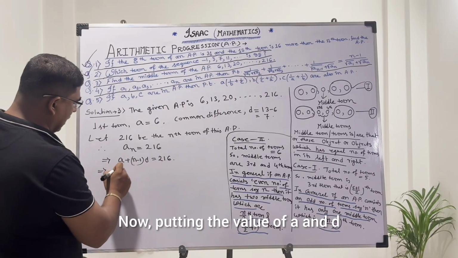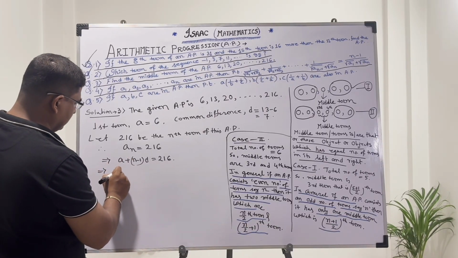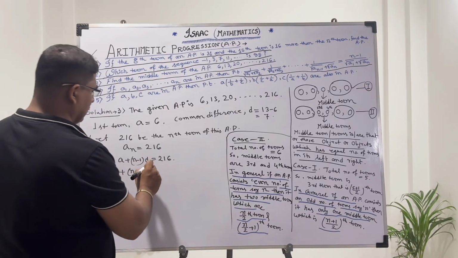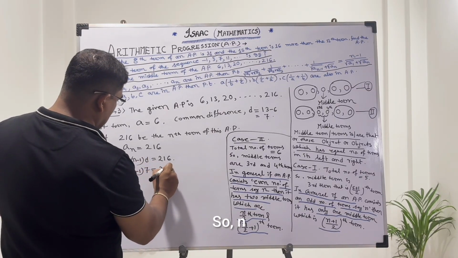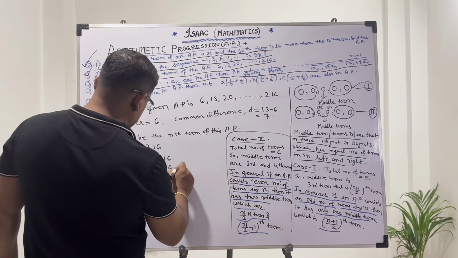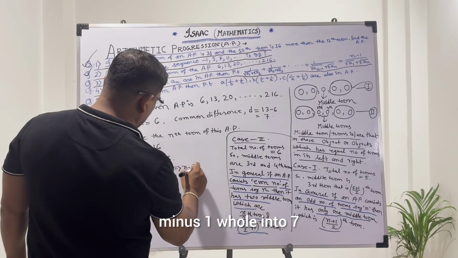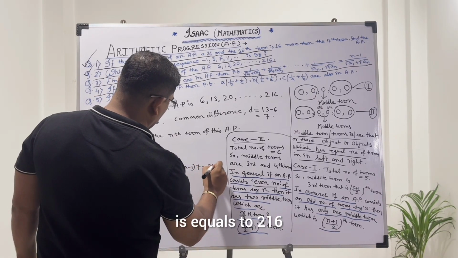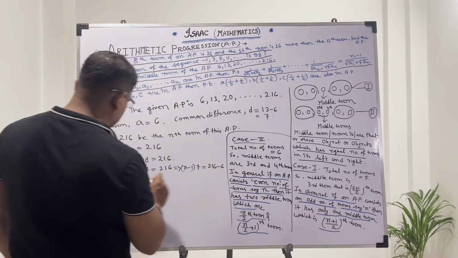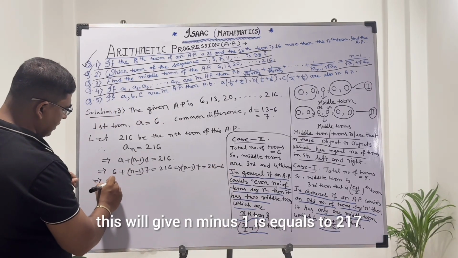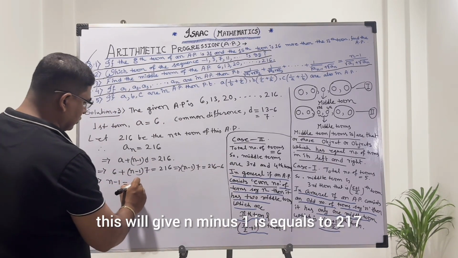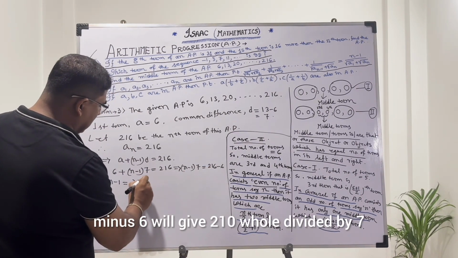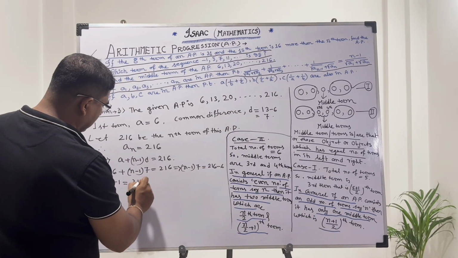Now putting the value of a and d, we get 6 plus (n minus 1) into 7 equals 216. So (n minus 1) whole into 7 is equal to 216 minus 6. This will give n minus 1 is equal to 210 whole divided by 7.